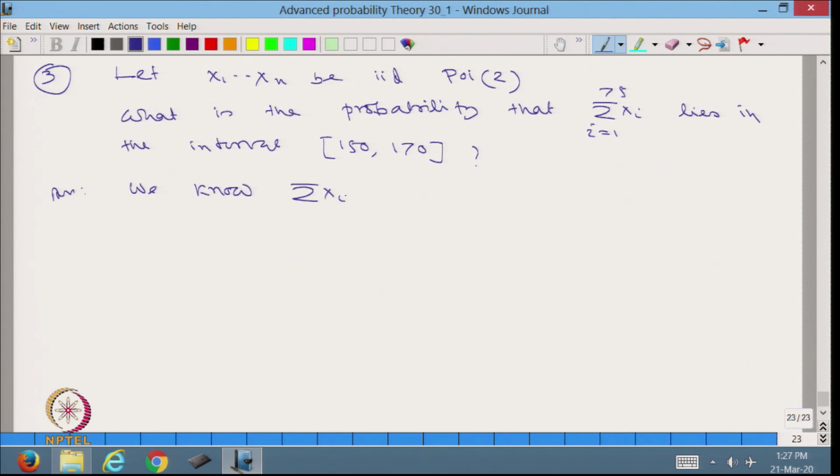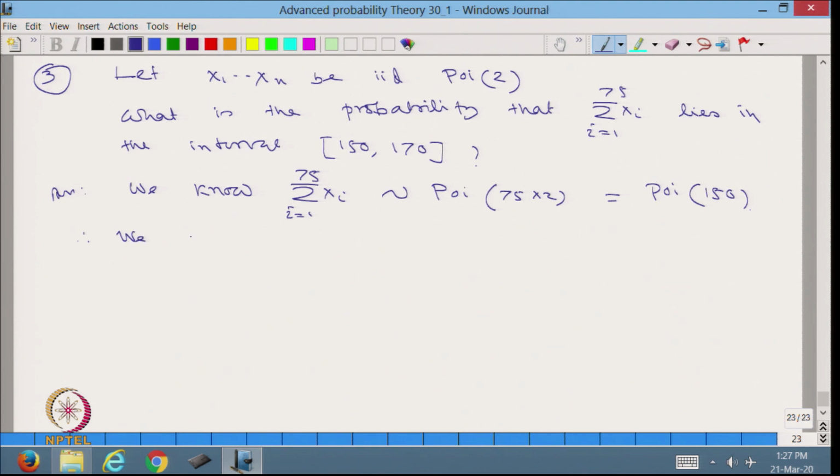Answer: we know the sum of Xi, i equal to 1 to 75, is also a Poisson random variable with parameter 75 into 2, that is Poisson with 150.